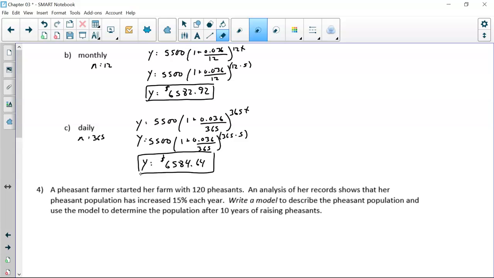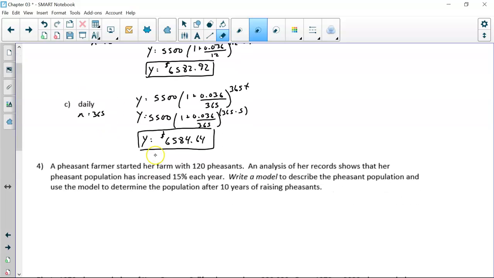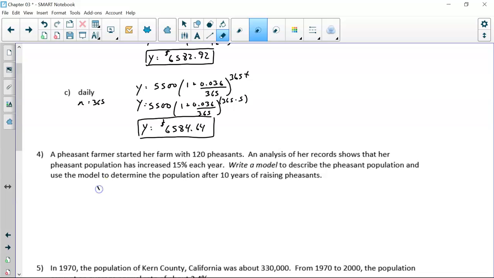Next, we have a pheasant farmer starting with 120 pheasants, and the population is increasing 15% each year. So there's not that per month or anything like that. It's just each year. So it's going to be that regular exponential growth. Y equals A times 1 plus R to the T. So y equals 120.